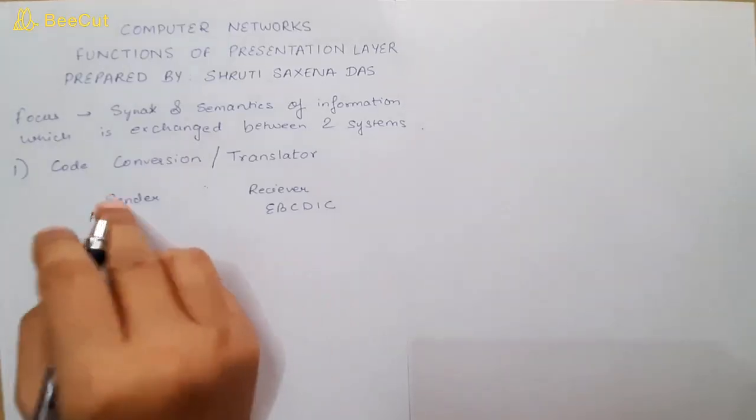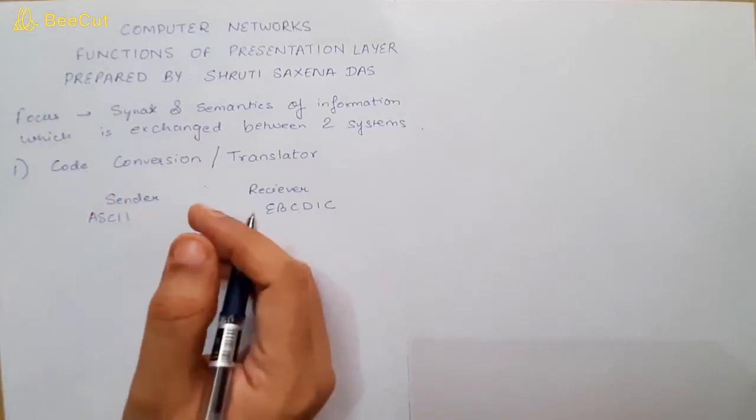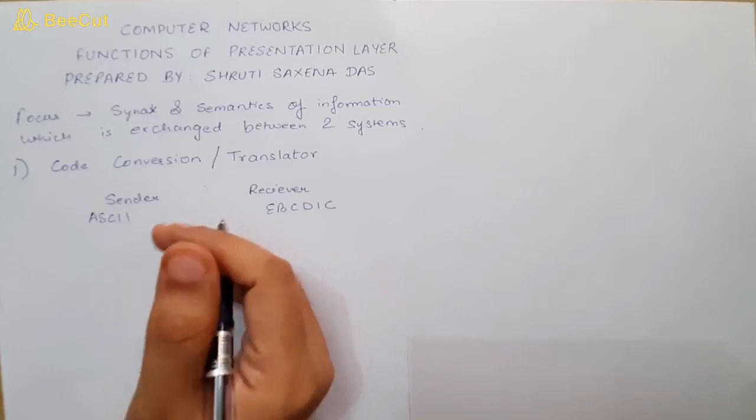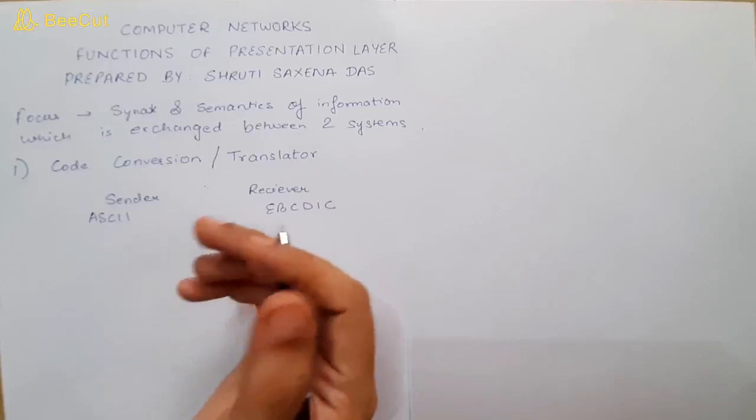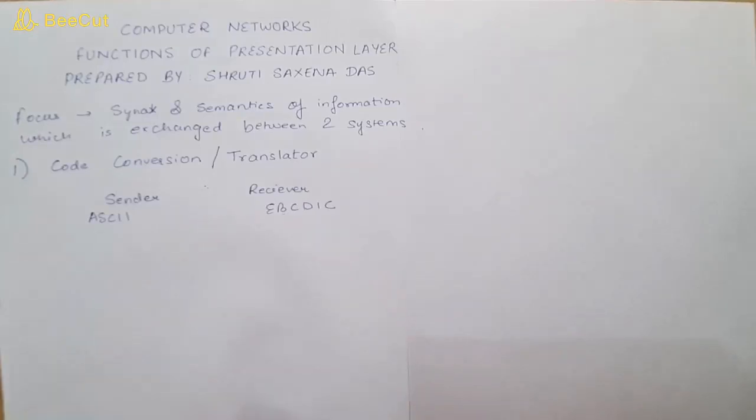so applications or processes usually exchange information in the form of numbers or character strings, or suppose some special characters. So before being transmitted to the receiver, the information should be changed to bit streams, because different computers use different encoding schemes. So because of that it should be changed into bit streams.